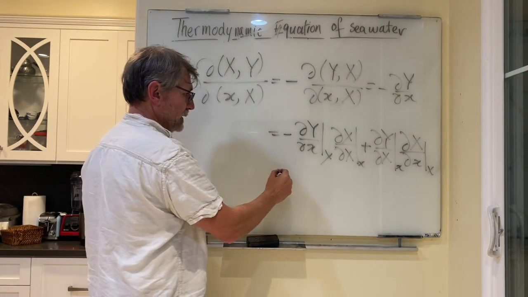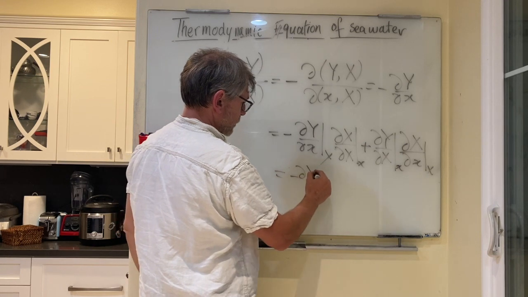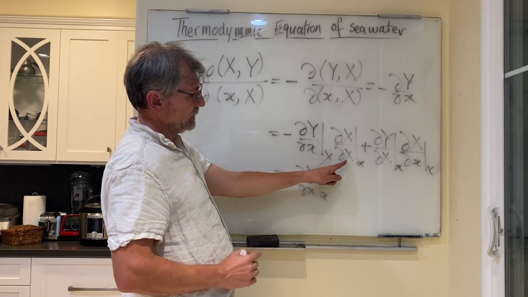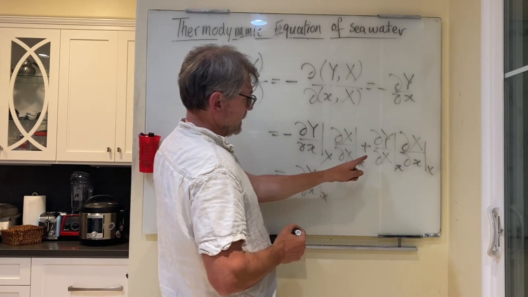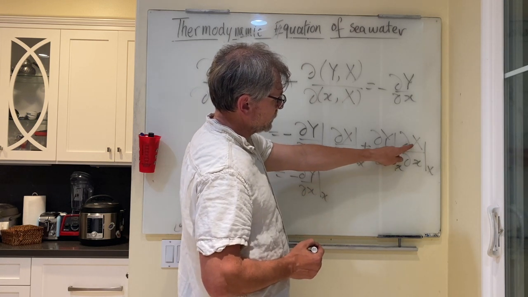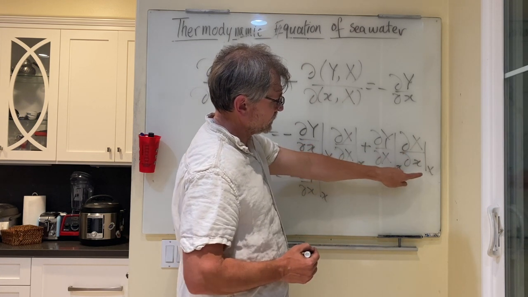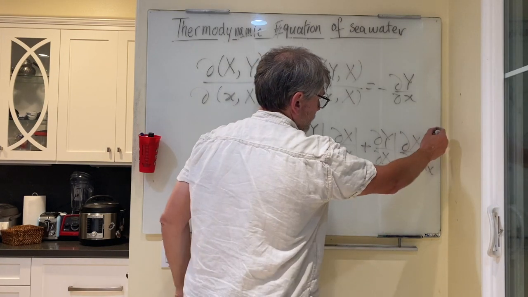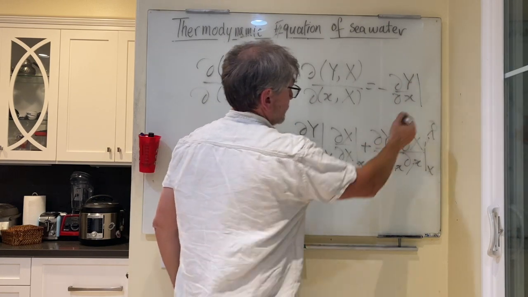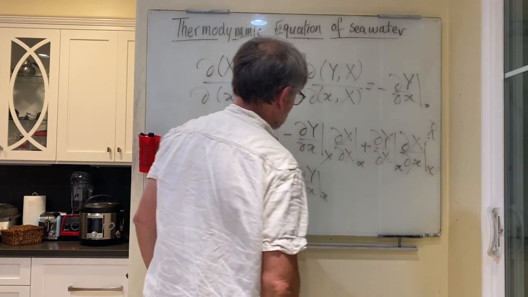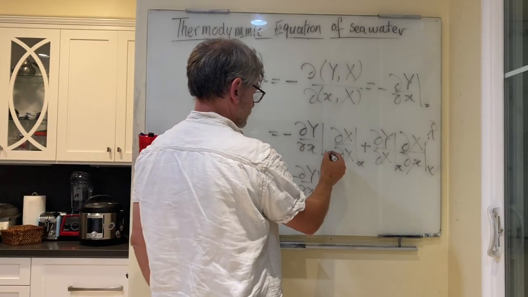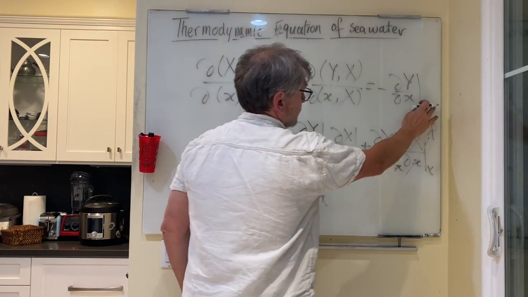And this now is equal to minus d big Y little x holding x fixed. Dx is going to be just 1, so that's 1. And over here I have big Y big X holding little x fixed, that's fine. But here I have the partial derivative of big X with respect to little x holding big X fixed, so this is just 0. And so I get what I had over here. Sorry, that's big X. That's the big X, and this is the big X.